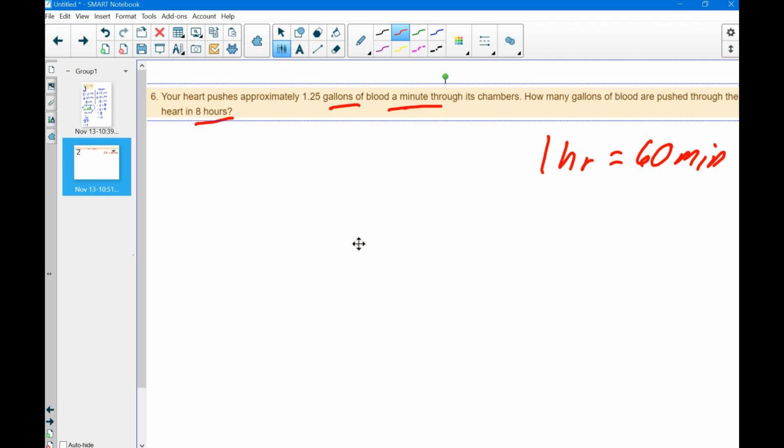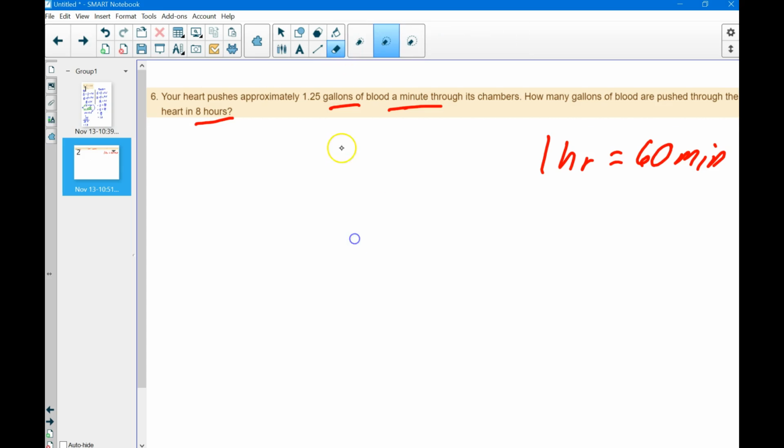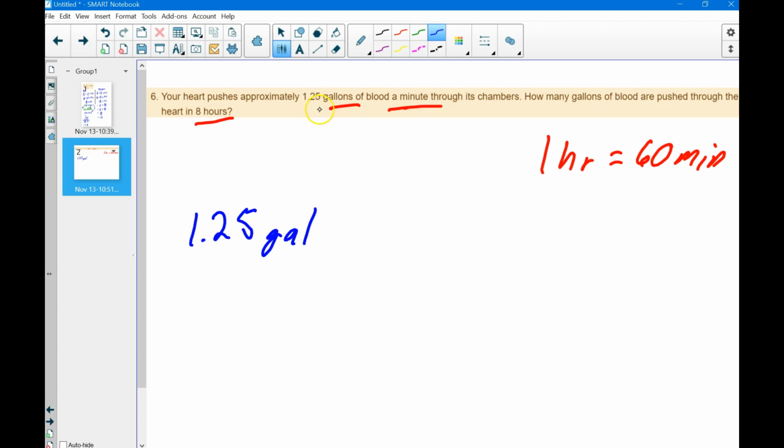So what I mean by dimensional analysis, again, we have 1.25 gallons in 1 minute.